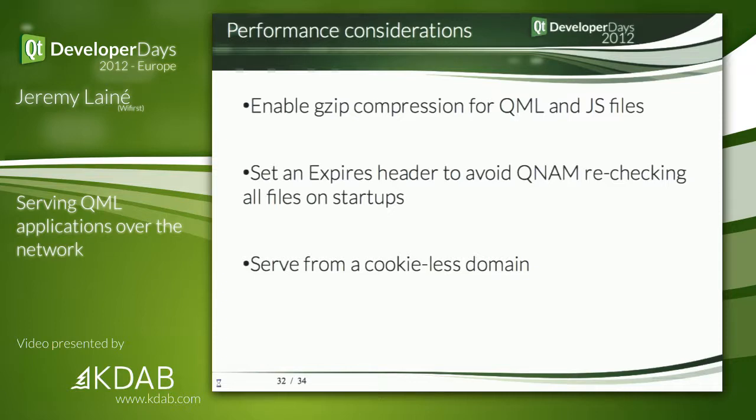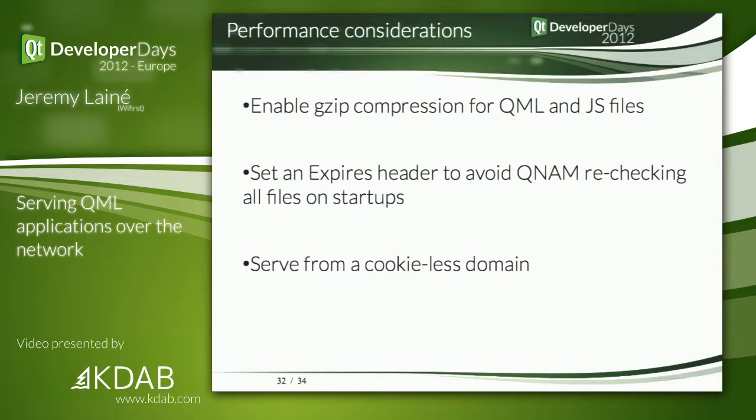A couple of quick performance considerations. Settings which you can do on the server side. It's well worth enabling gzip compression for QML and JavaScript files because these are text-based files and they compress very well.